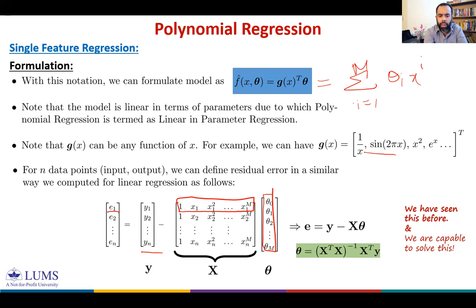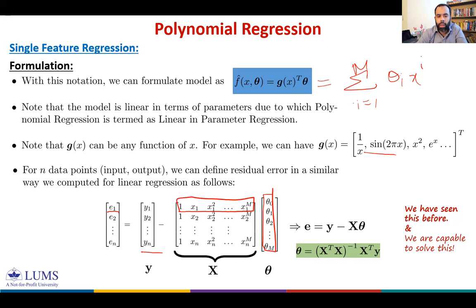We derived this in the previous video. So that's all. This is polynomial regression. Polynomial regression is linear in parameter regression, so we can use the solutions we developed for linear regression for polynomial regression.